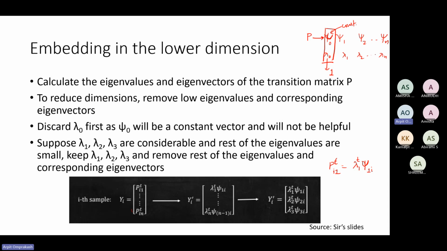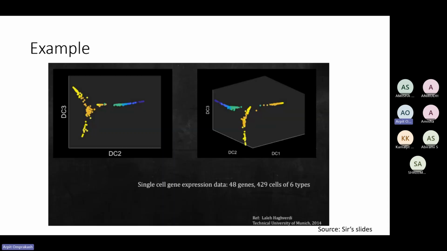Okay, so this is again a data visualization technique. This is an example where these people have used single cell gene expression data having 48 genes and 429 cells. So basically we have 429 cross 48 data in this format.